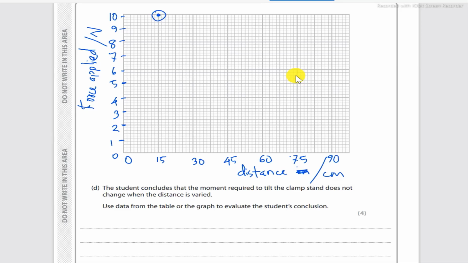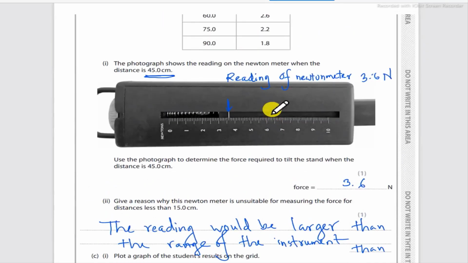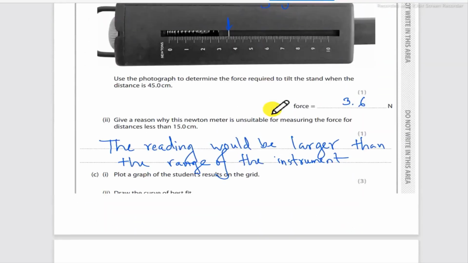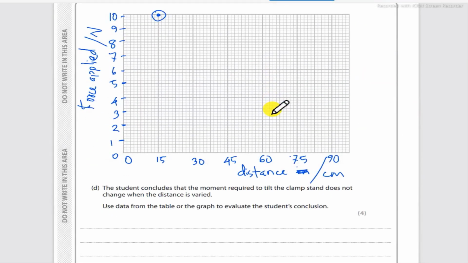When the distance is 30, the force is 5.6. When the distance is 45, the force is 3.6.